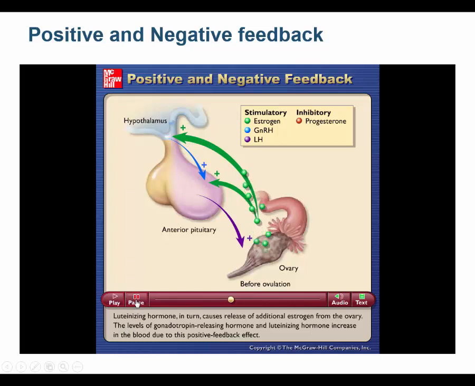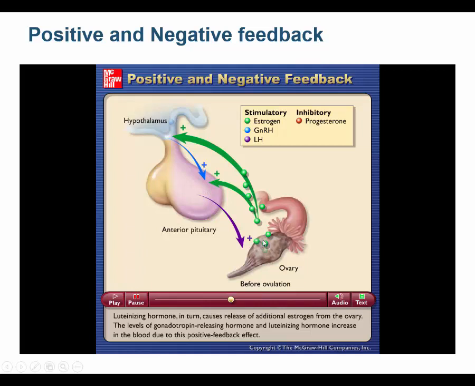That's positive feedback. Let me just repeat what he just told you. He said that you're secreting estrogen from the ovary. And the estrogen goes up and turns on GnRH, gonadotropin-releasing hormone from the hypothalamus. Estrogen also goes up to the anterior pituitary and increases LH, luteinizing hormone. Meanwhile, GnRH goes to the anterior pituitary and says, make and secrete luteinizing hormone.